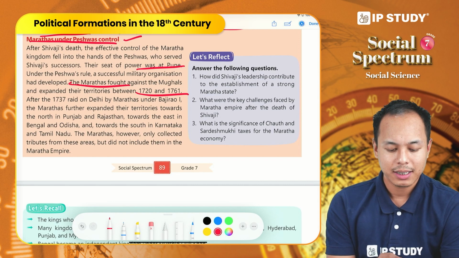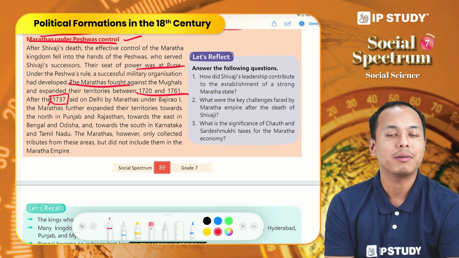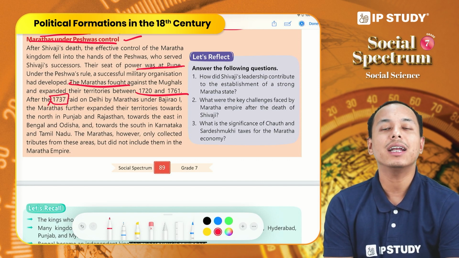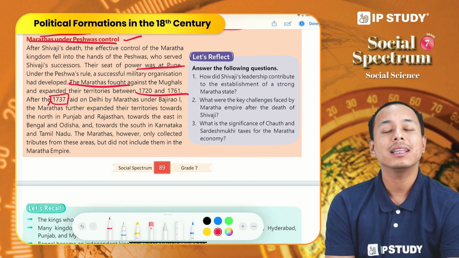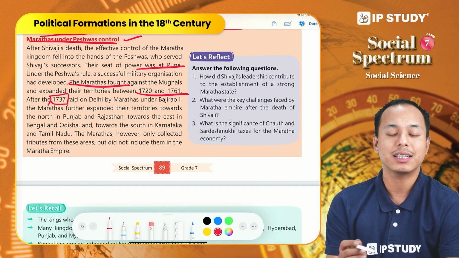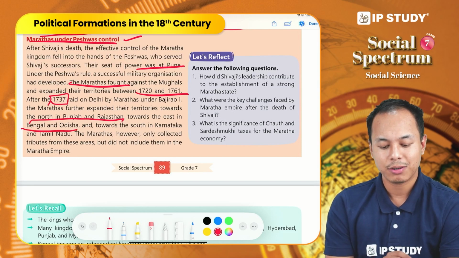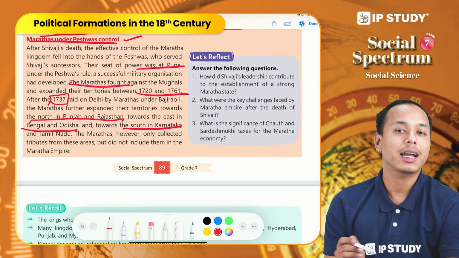In fact, in 1737, the Peshwas, under the rule of Bajirao, raided Delhi, and they started to expand their territory. As such, the Marathas' territories expanded in the north to Punjab and Rajasthan, in the east to Bengal and Odisha, and in the south to Karnataka and Tamil Nadu.